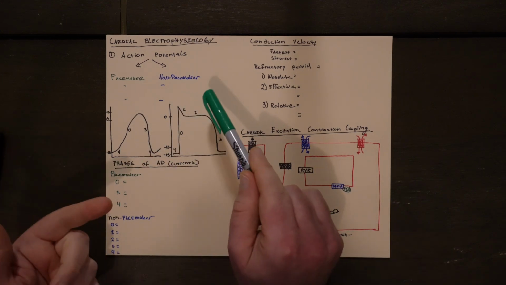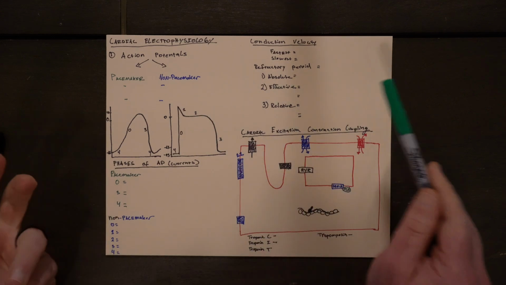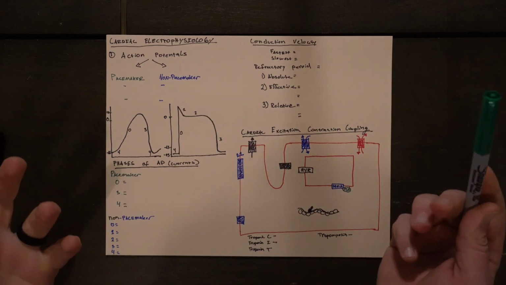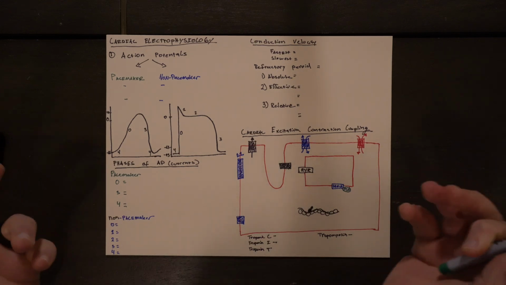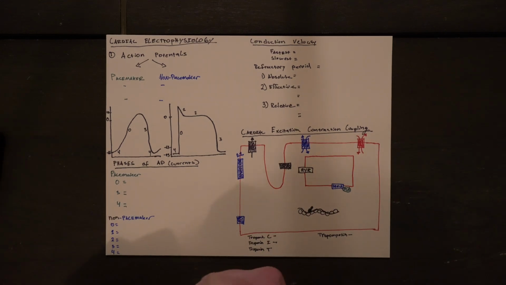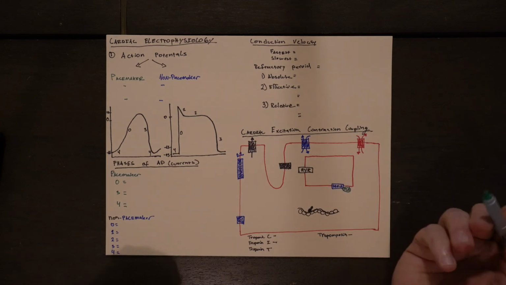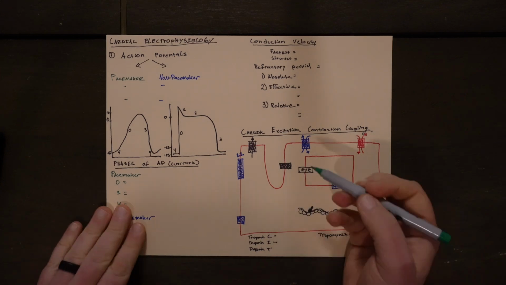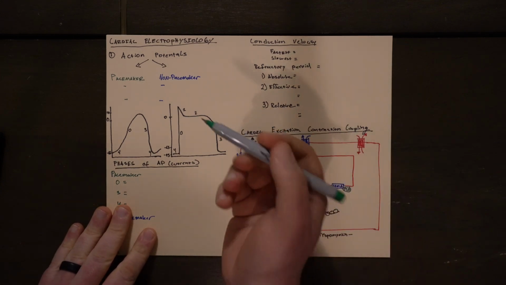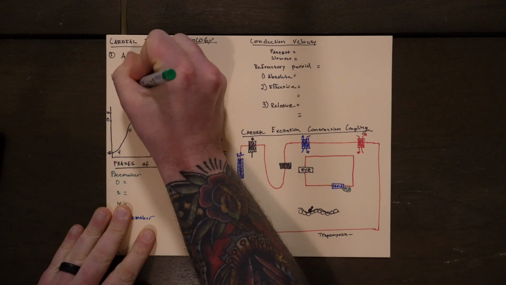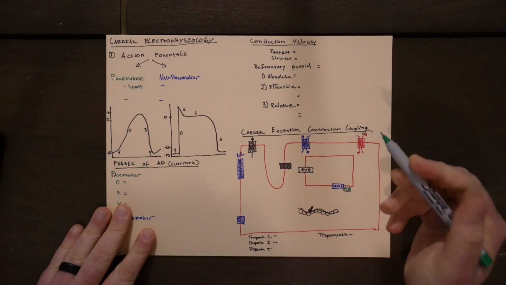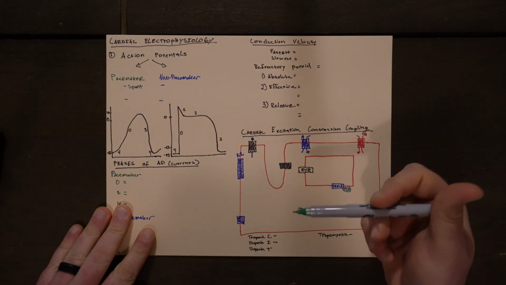Now, the non-pacemaker cells are the cardiac myocytes, so the muscle of the heart, the cells that are actually getting stimulated to contract and then squeeze that blood out and get it around the body. So, what do we know about pacemaker cells? The first thing that you should always remember is that they are spontaneous, so they happen on their own at a set rate.